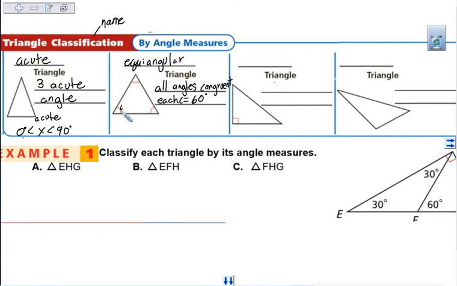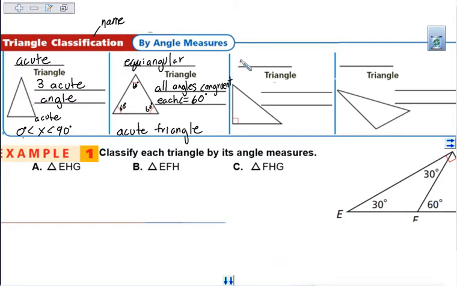So because each of these angles is 60 degrees, that means that this is also an acute triangle, because all of those angles are acute. They're all 60 degrees, and 60-degree angles are acute. Now notice that when I marked an angle, I marked inside and close to that angle measure. Angles talk about the corners, not the sides.